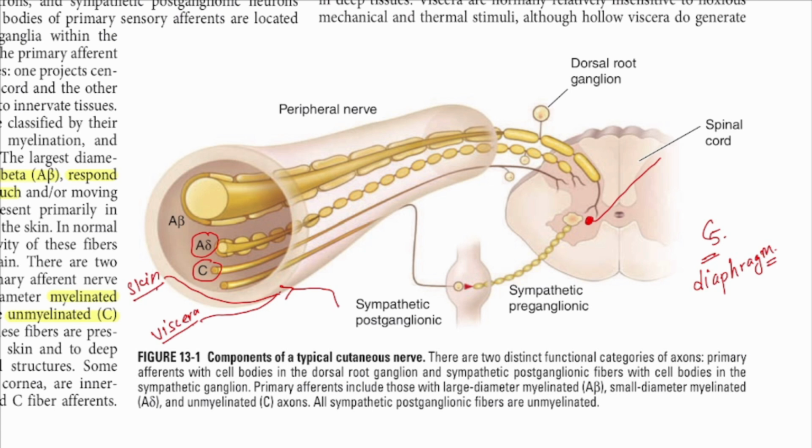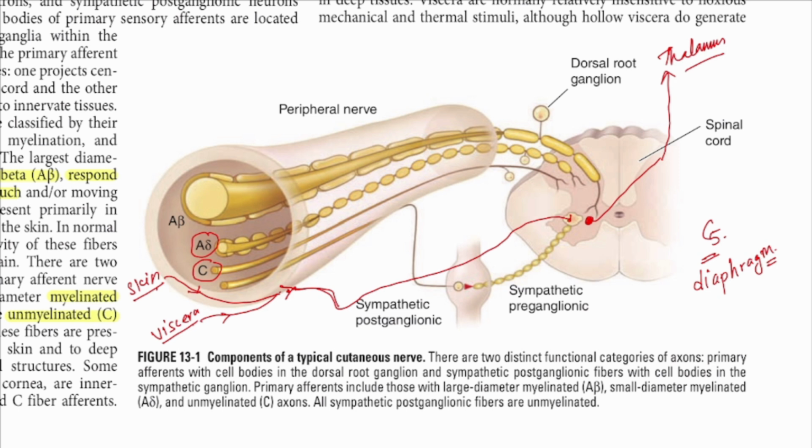It will reach the opposite side. The pain from the skin and pain from the viscera, though they are carried by different fibers, project on a single fiber, right? And this single fiber will carry pain to the opposite side thalamus, contralateral carrying of pain.